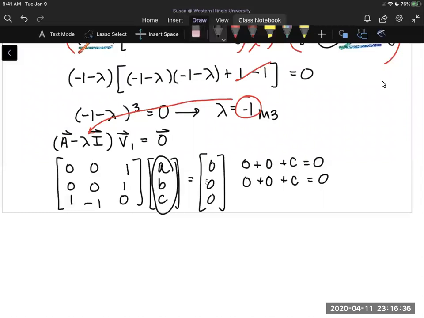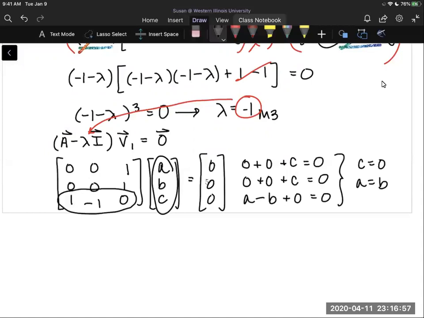And the bottom row gives me a minus b plus 0 equals 0. So out of these three equations, I can conclude the following. First, we see that c equals 0, and second, we see that a equals b.